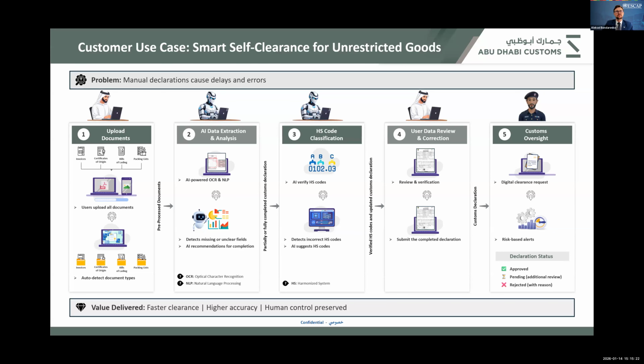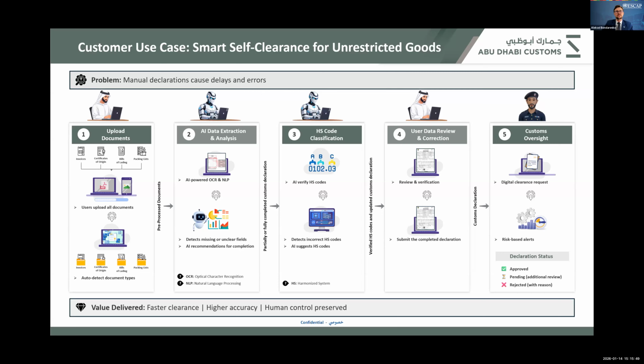So we analyzed with the customers themselves what their need is and how we can help, and we reached the conclusion that we can refine the fields into the ones that are really needed and consider the goods that are not restricted or not required for any approval. And this is the smart start, to decide which use case to follow.